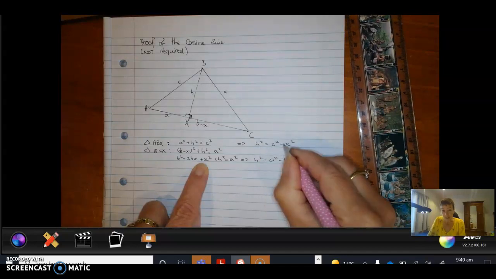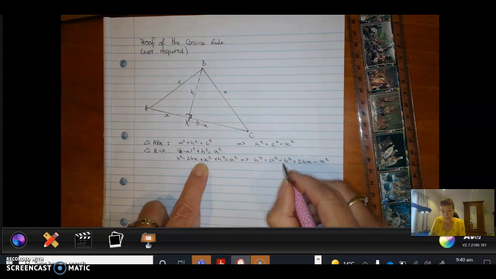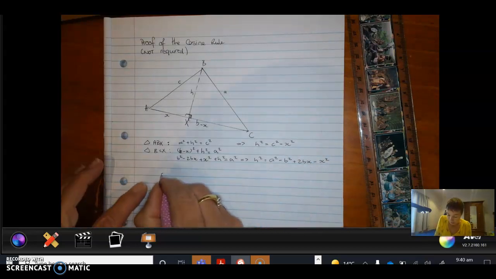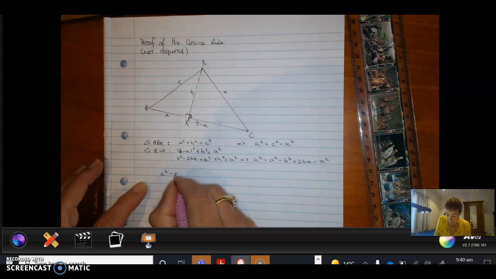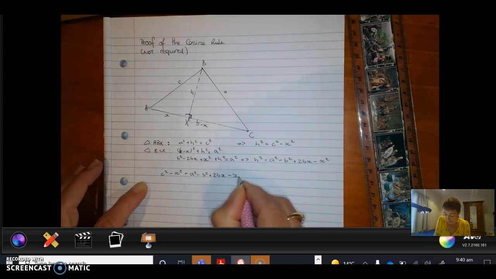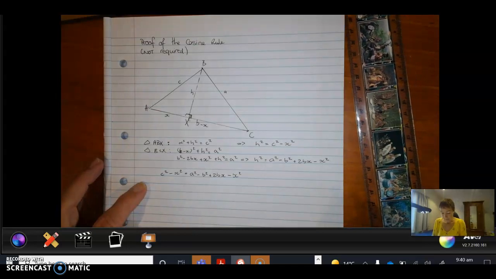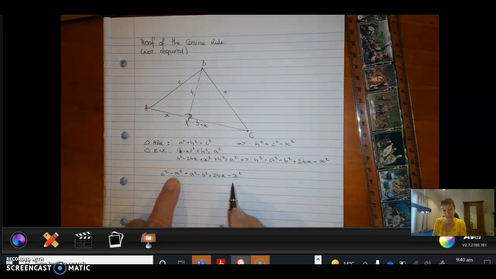So if h squared equals that and h squared equals that, these two must be equal to each other. So I now have c squared minus x squared is equal to a squared minus b squared plus 2bx minus x squared.